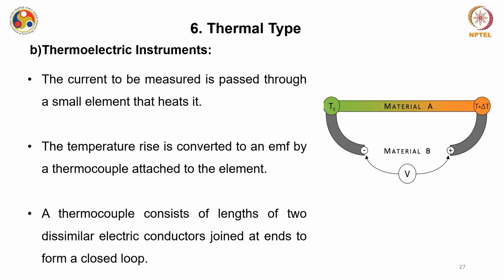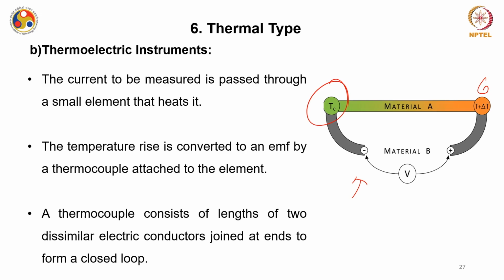A thermocouple consists of a length of two dissimilar electric conductors joined at the end to form a closed loop, something like this. This is at a certain higher temperature, this is at a lower temperature. We will discuss thermocouples, thermopiles, etc. when we talk about the different transducers, I think in the next module.